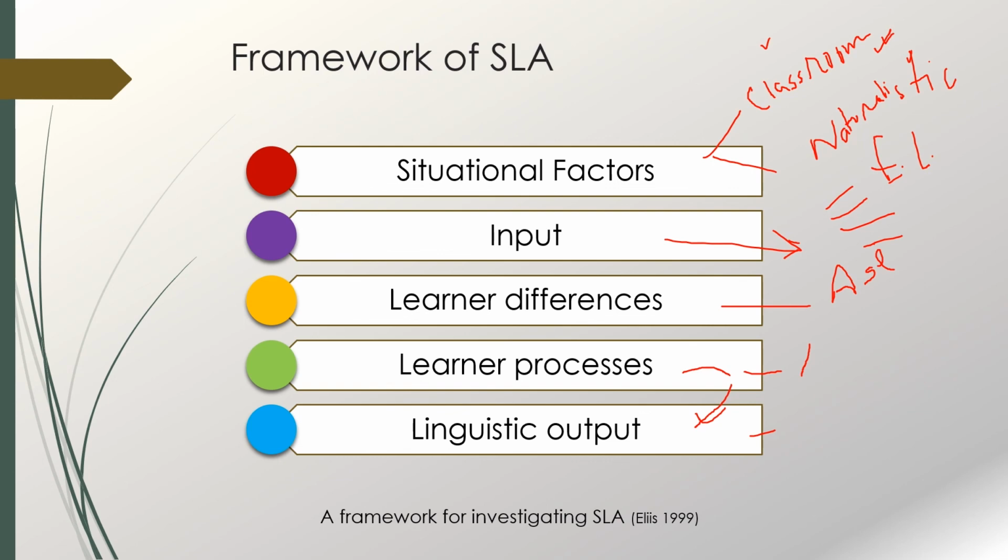So if the learners have proper input, that means the right doses, and we have learner processes working, then how to learn the language or how to get the idea of that language will be better understood in the linguistic output, because this output varies with input and learner processes.